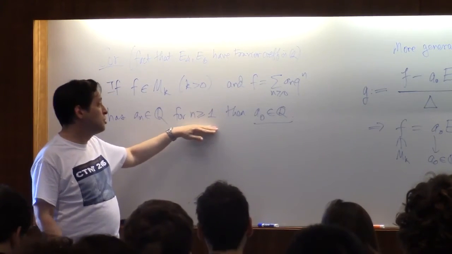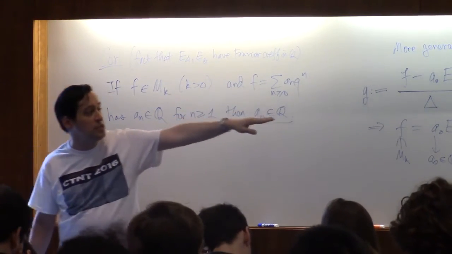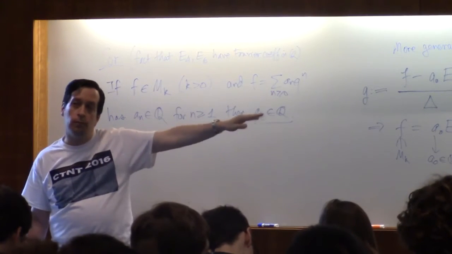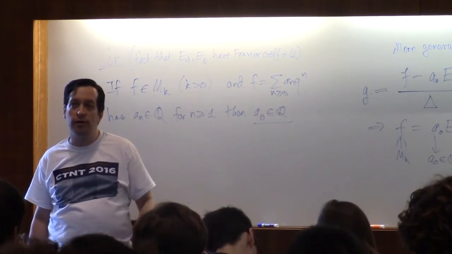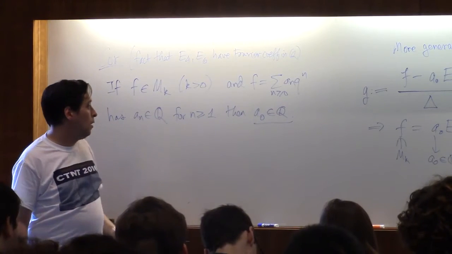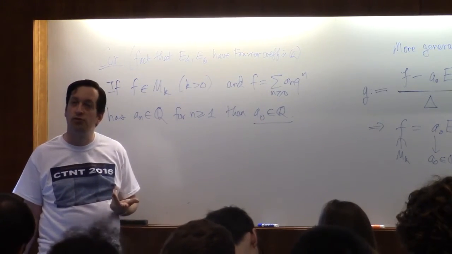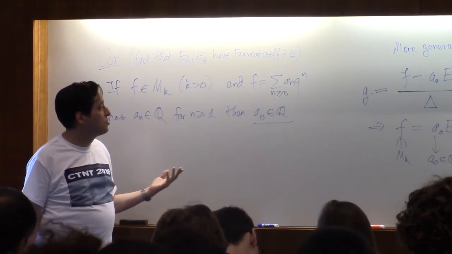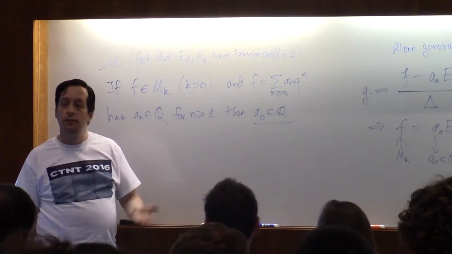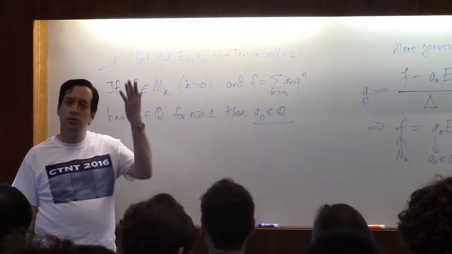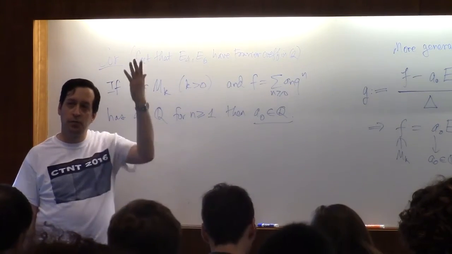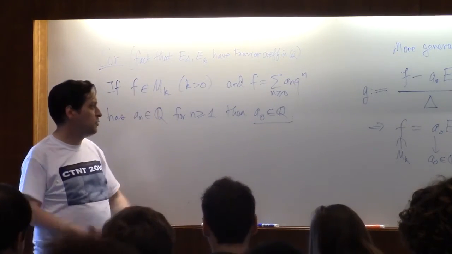The proof uses the fact that there's a basis of modular forms in weight k with entirely rational Fourier coefficients. And it also actually needs the axiom of choice. It requires theorems about extending field automorphisms from number fields up to the complex numbers. So you need the axiom of choice to extend those.